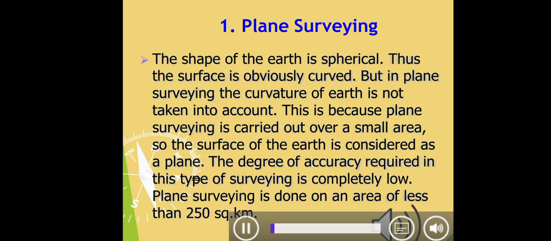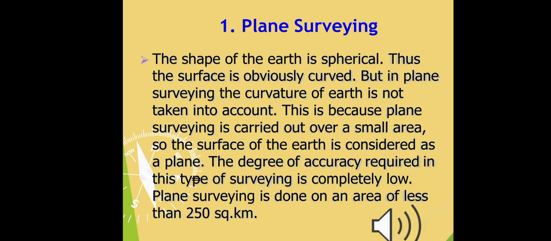Here I will focus on what plane surveying means. Plane surveying is a specific type of surveying where the surface of the earth is considered as plane and the curvature of the earth is not taken into account.